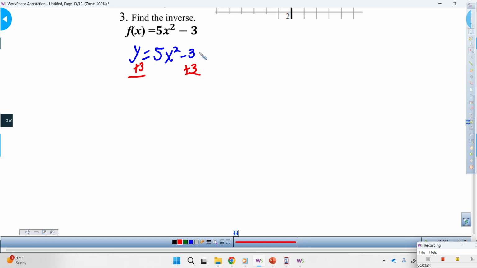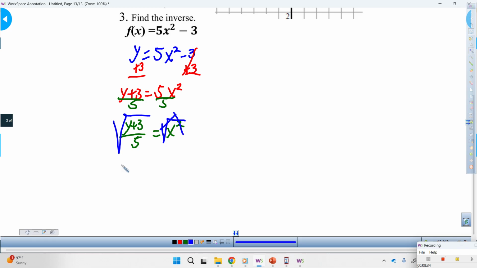Y plus 3 equals 5x squared. Divide by 5, divide by 5. So we end up with y plus 3 divided by 5 equals x squared. Next. Square root to both sides. This cancels that. We're left with square root of y plus 3 over 5 equals x. Next.